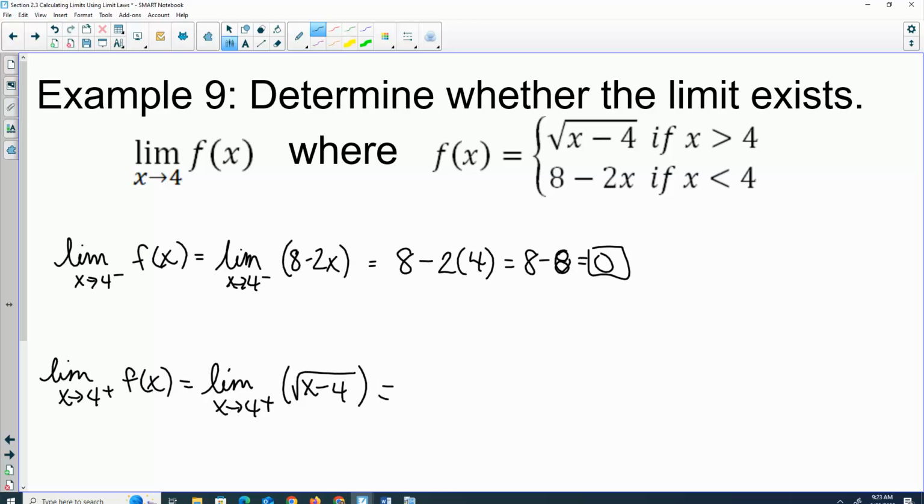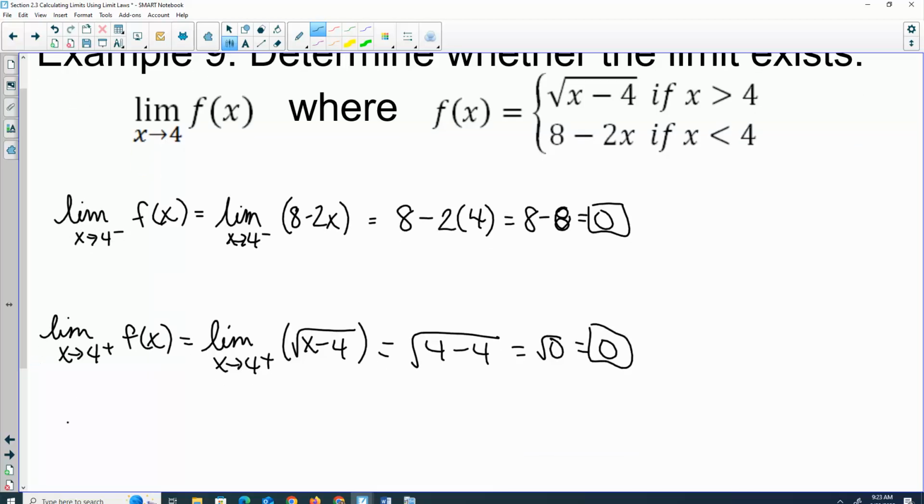Again, we can bring it under our radical, and then it's just a polynomial, so you can plug in. Square root of 0 is 0. So, does our limit exist? Yes. The overall limit as we approach 4 of that function is 0.